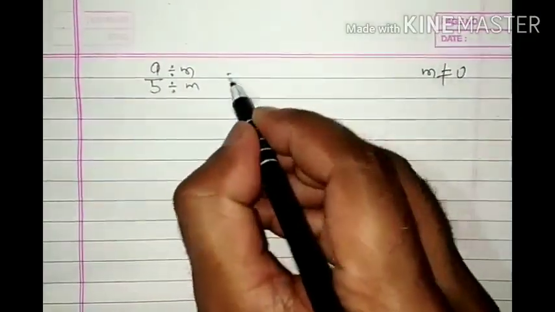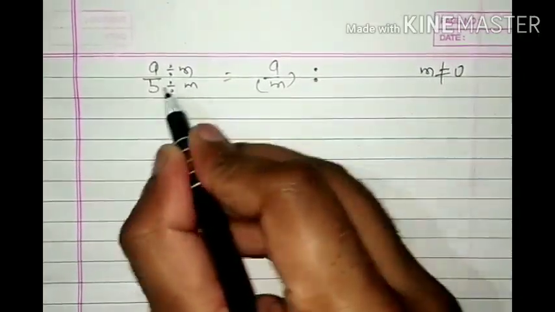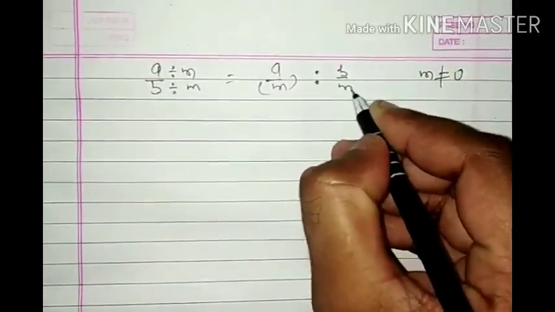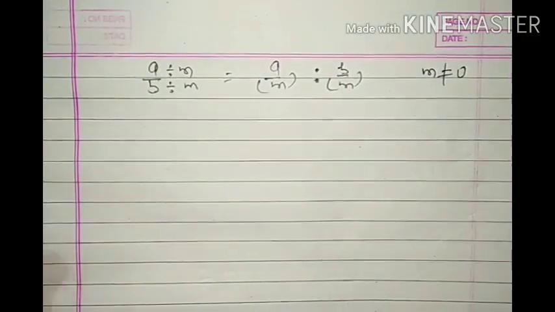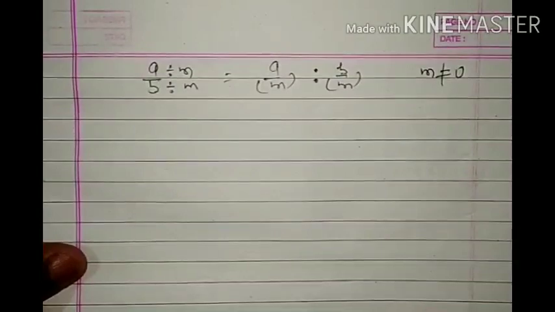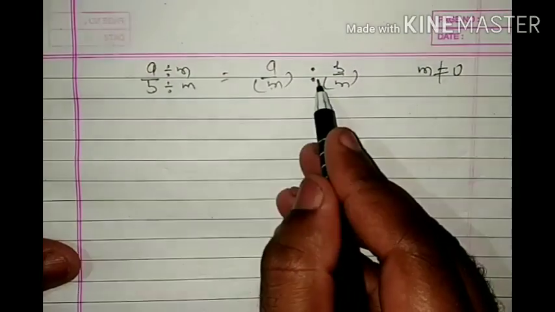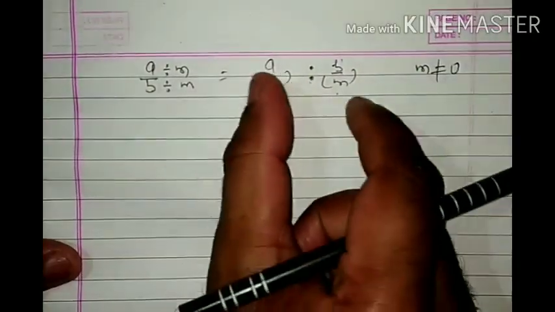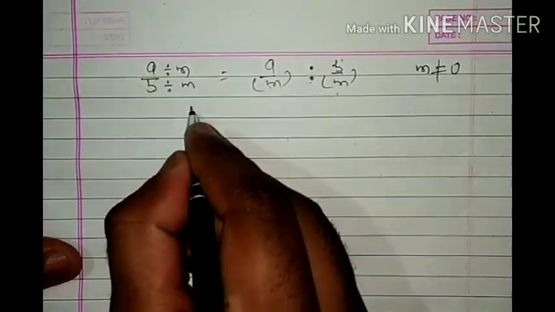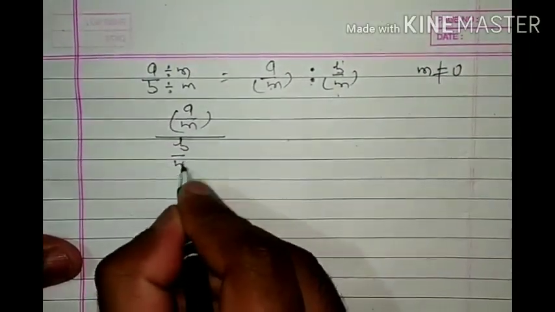A divided by m can be written as a by m, ratio, b divided by m can be written as b by m. This means that a by m ratio b by m, and as I told you earlier, this ratio can be written as a fraction, so we can write a by m as a fraction of b by m.